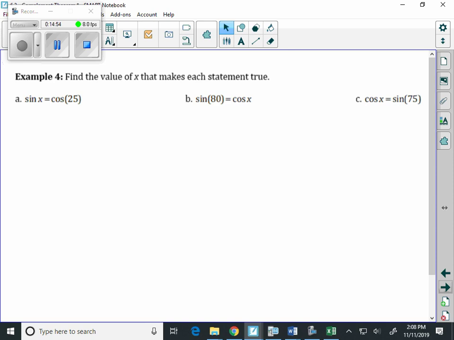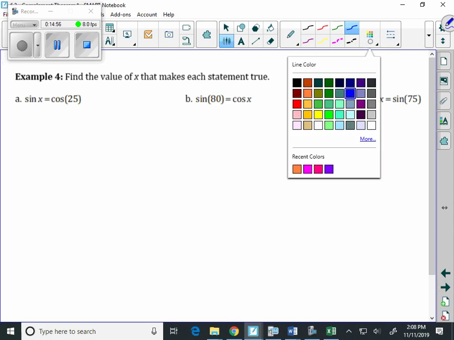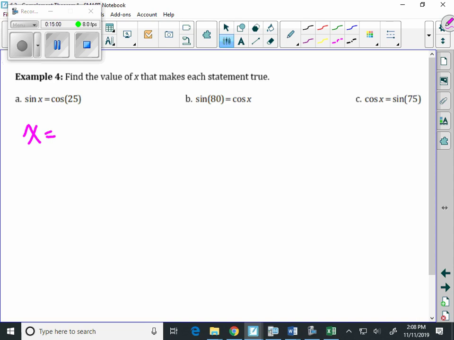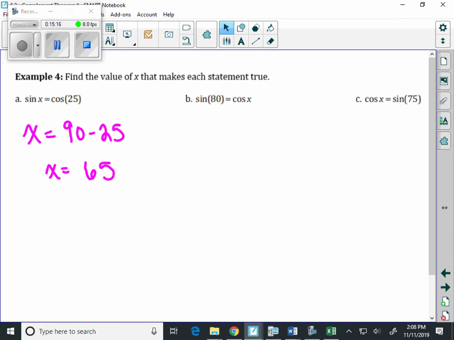So if we want to figure out what x equals on this particular problem, we take 90 minus 25. 10 minus 5 is 5, and 8 minus 2 is 6. And our x is 65. Complementary. They add to be 90.